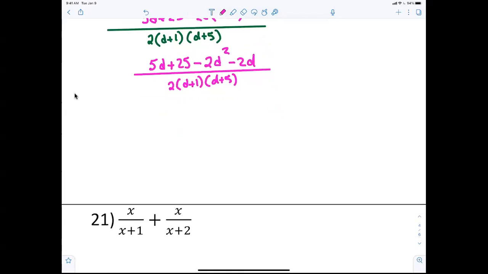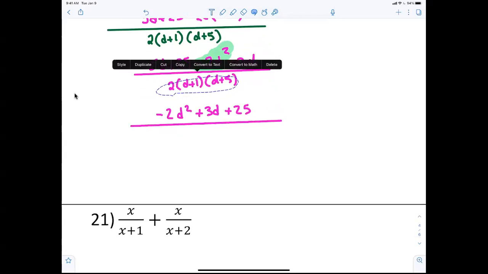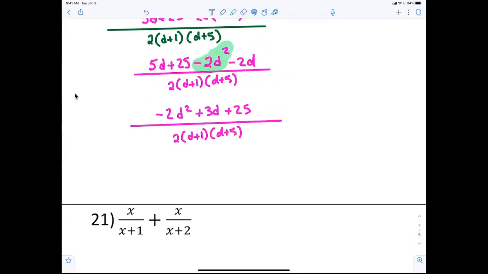Now descending order, so we put this first. Combining terms would give me what? And then plus 25, all over 2 parentheses D plus 1 parentheses D plus 5. And the beauty of this is you can duplicate and just slide it down.